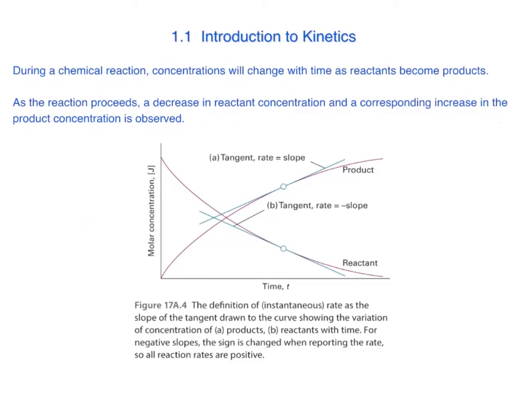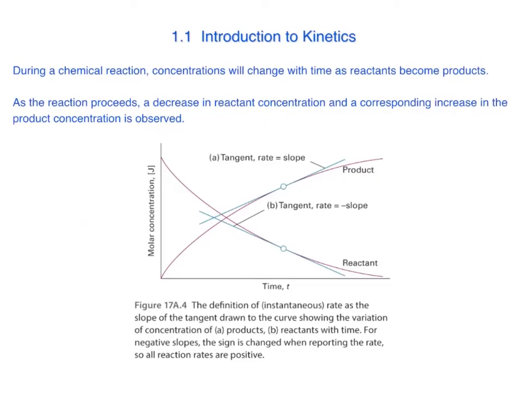Now, during a chemical reaction, concentrations will change with time as reactants become products. So as the reaction proceeds, we will expect to observe a decrease in reactant concentration with a concomitant increase in the product concentration.